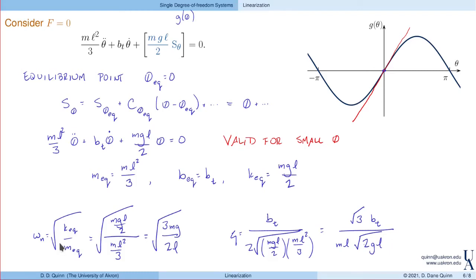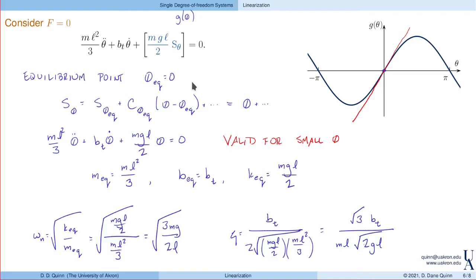So this is the natural frequency and damping ratio for this system, again, valid for small oscillations based on this small angle assumption. So this is an example, this pendulum example, we'll see frequently in this class.